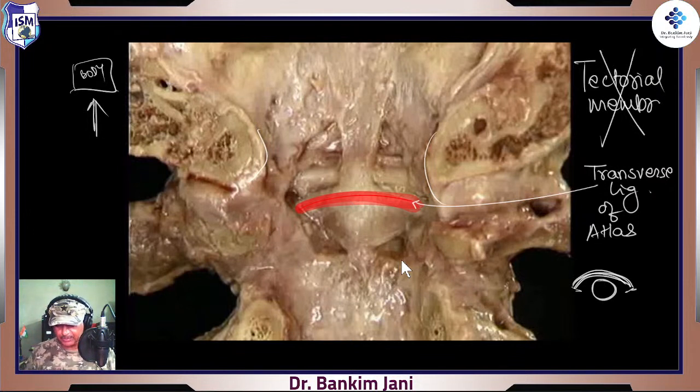But over here, in this case, the dens was there. On the dens, anteriorly, there was this transverse ligament. I'll just lightly color it, this much. This is the transverse ligament.